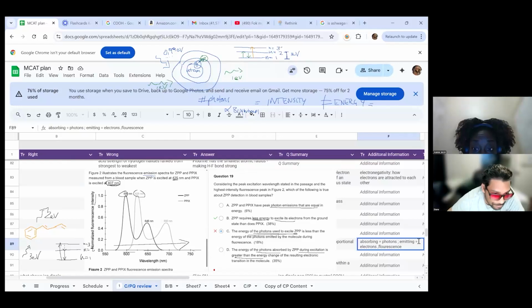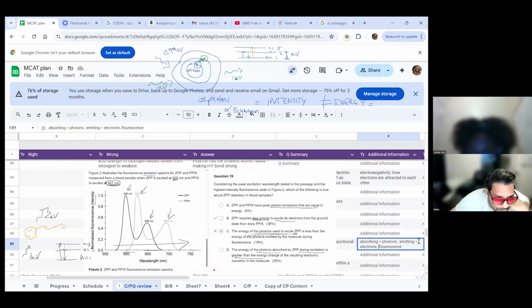Okay, hold on. In the graph, the ZPP is the black line, so we are going to have to do some graph work here. We see that there's this value and this value for the ZPP, and for PPIX we have the gray values here.